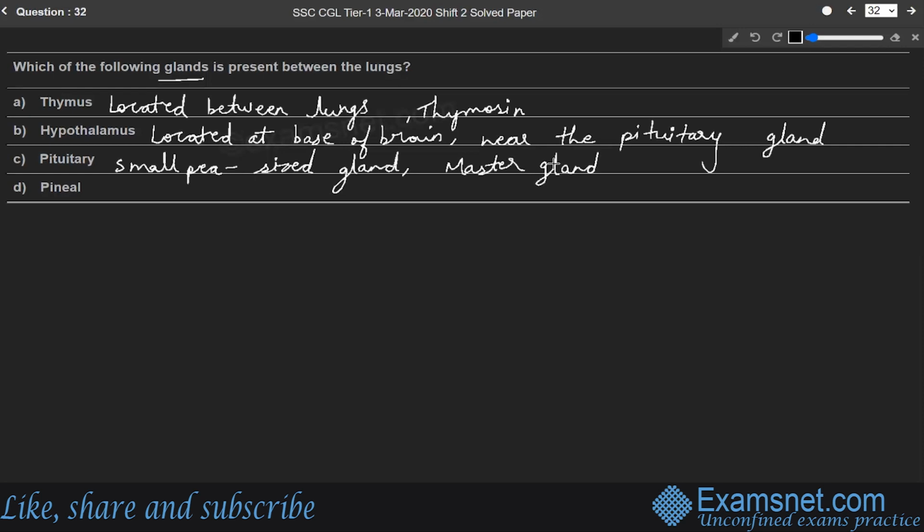It is located in the brain between the hypothalamus and the pineal gland.